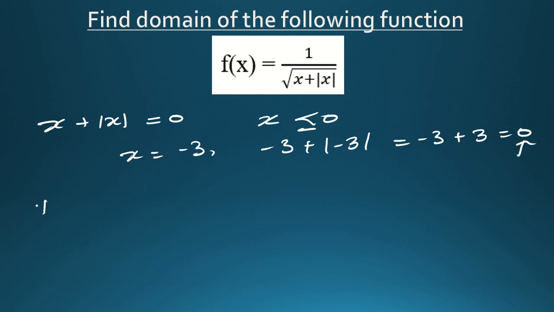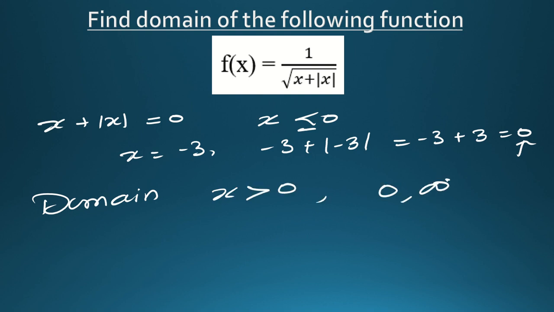So when will it be defined? When x is greater than 0. So its domain will be x greater than 0, or you can say 0 to infinity, open interval. Okay, my dear students, remember that infinity cannot be with a closed interval. It will always be with an open interval, infinity and minus infinity both. You can check the values also.